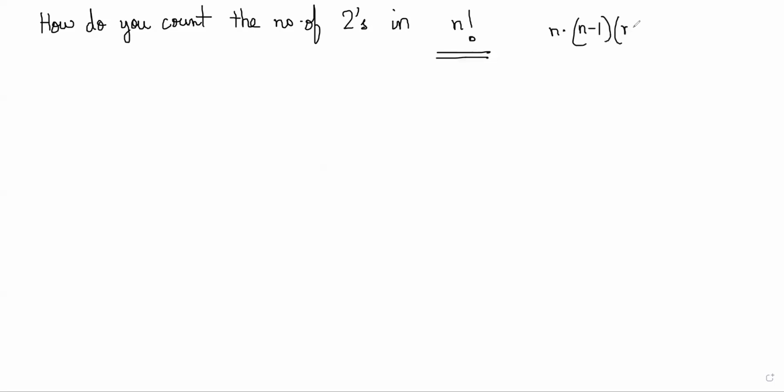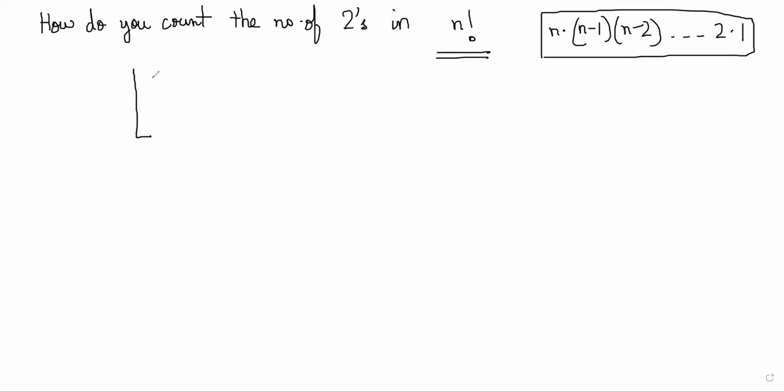How do you count the number of twos in, let's say, n factorial? n factorial is basically n into n minus 1 into n minus 2, down to 2 into 1. How many twos are there in this? The way to count this is to calculate this number.